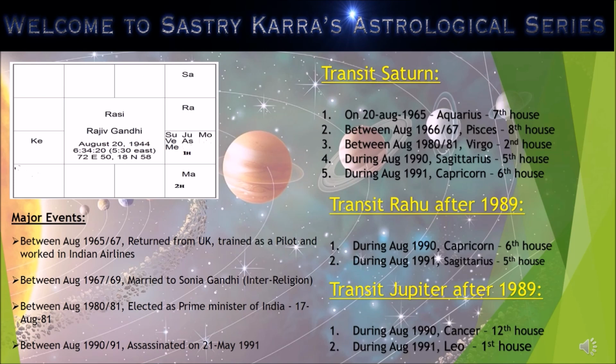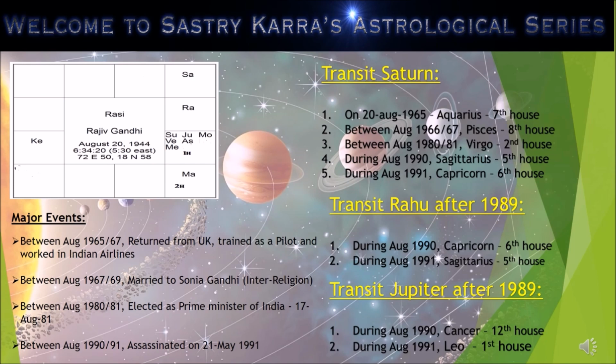Let's now go and look at transit Rahu, particularly after 1989. Because that's when the assassination happened. During 1990, transit Rahu is in the 6th house, and in 1991 he is in the 5th house. Remember, transit Saturn is first in the 5th house. When transit Saturn is in the 5th house, transit Rahu is in the 6th house.